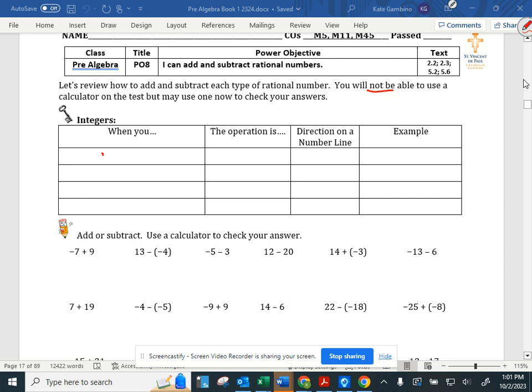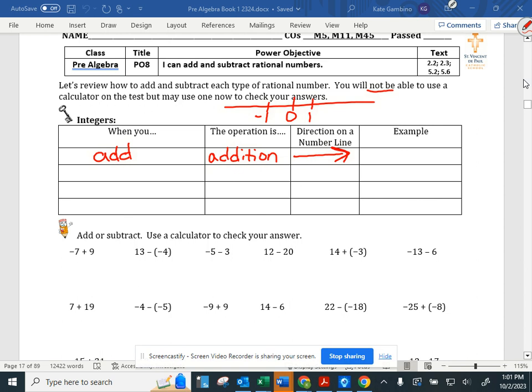So when we add, the operation becomes addition, and the direction on the number line is you go to the right. So if we are at a 0 here, we know negative numbers go to the left, positive numbers go to the right.